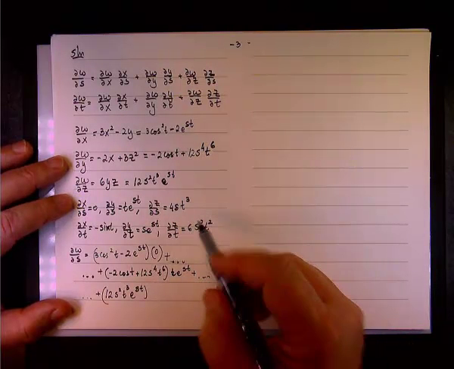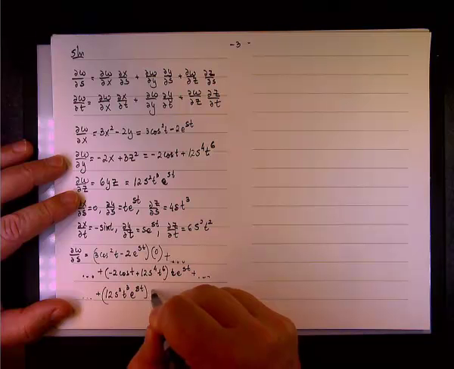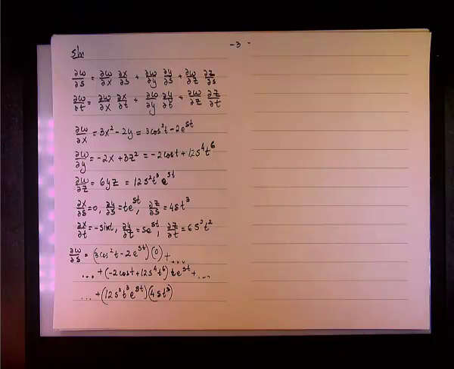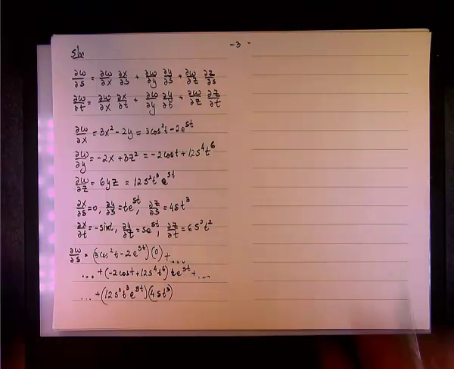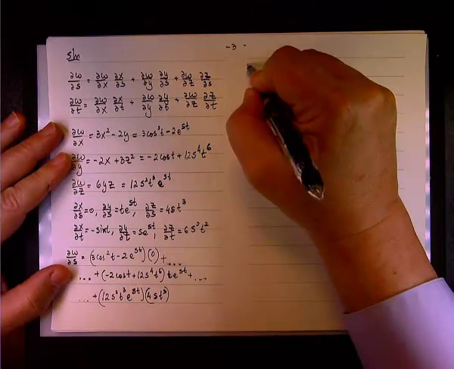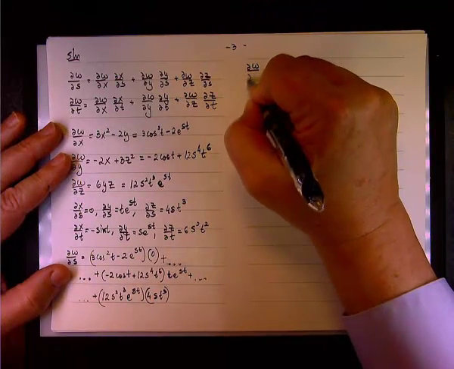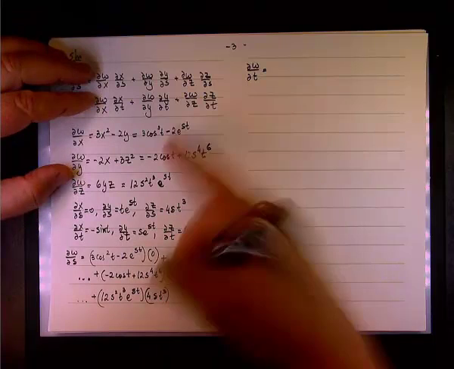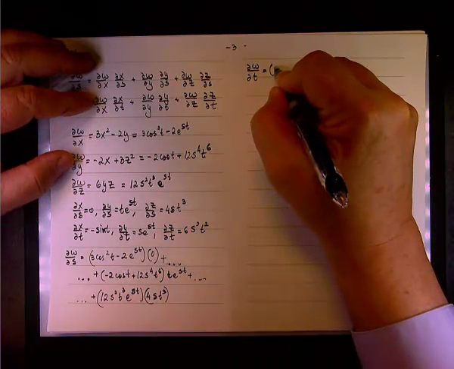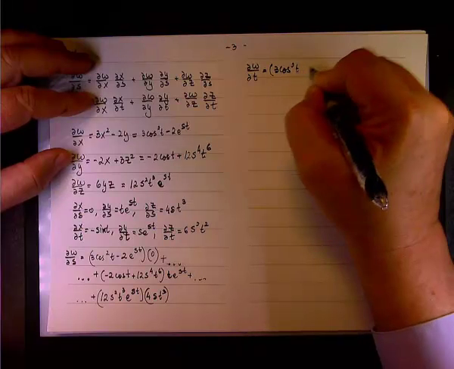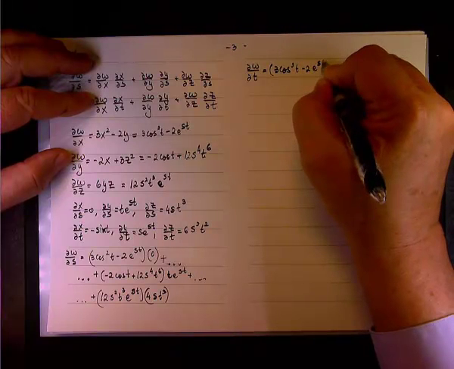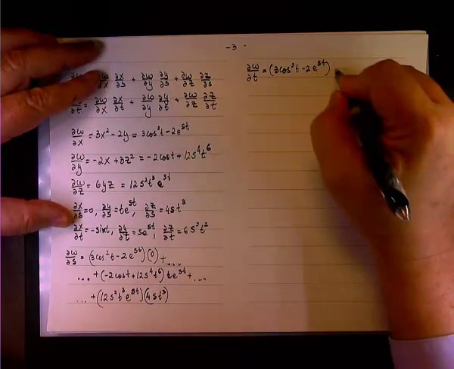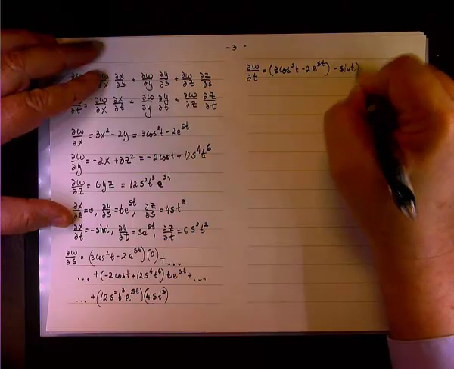Well, del w del s is right here, t e to the st. And the third term is del w del z, which is this thing, 12s squared t cubed e to the st, multiplied by del z del s, which is right here, 4st cubed. And I'm not going to clear the parentheses; that's something you can do later on.